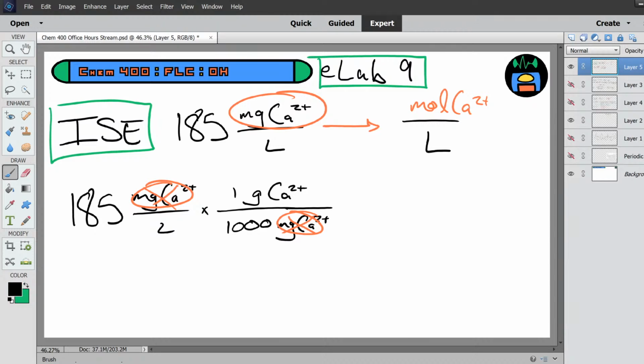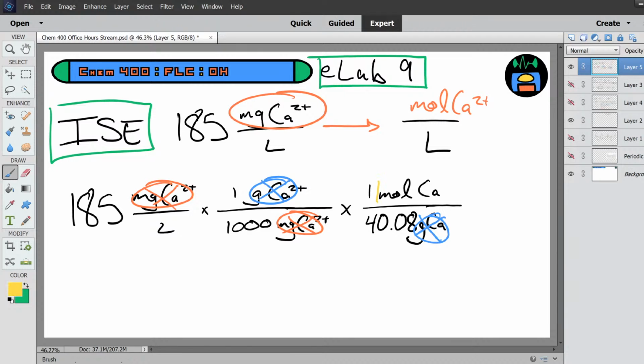Then you use the atomic mass of calcium, which is 40.08 grams of calcium in 1 mole, and grams cancel with grams. Now your only unit left standing is moles per liter, which is equal to the molarity of calcium from the IC reading.